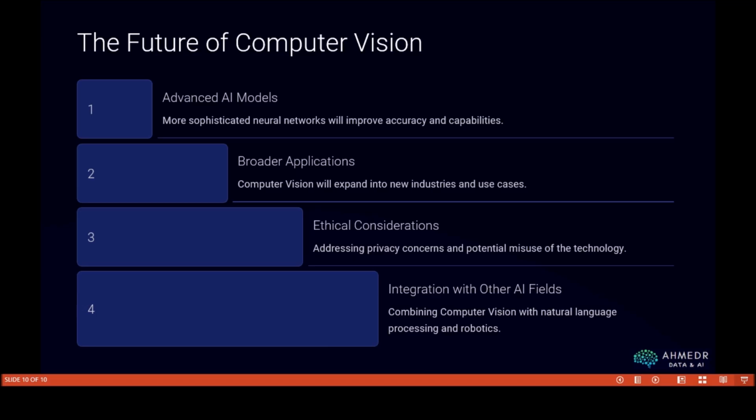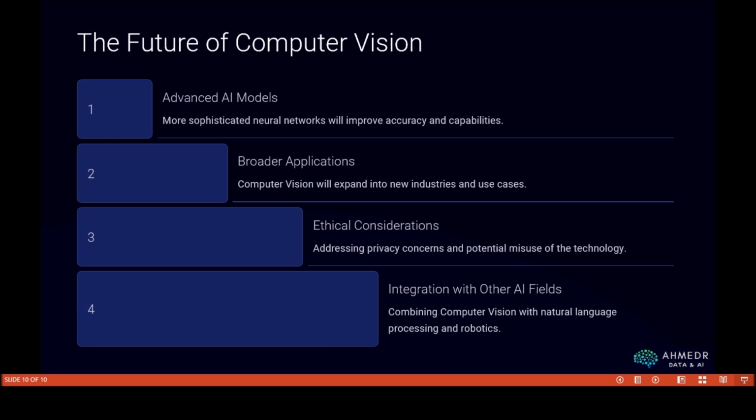But there are still ethical considerations, addressing privacy concerns and potential misuse of the technology, as we mentioned earlier with deepfake technology. We also expect to see more integration with other AI fields by combining computer vision with natural language processing and robotics.